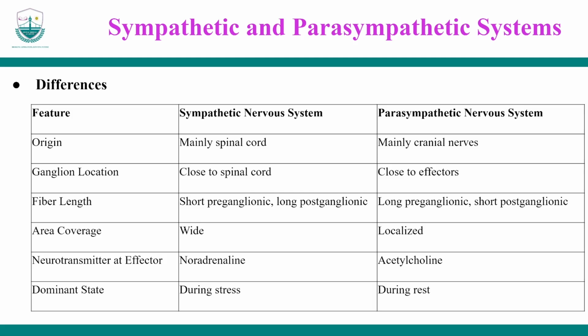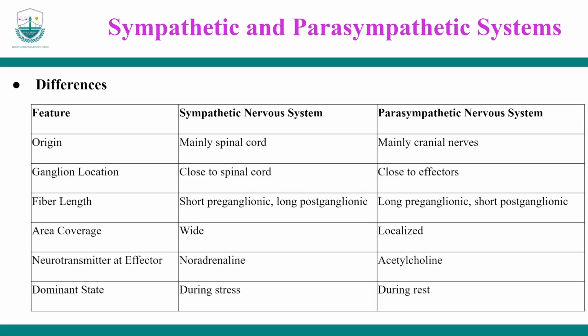What about based on the structures? The sympathetic nervous system mainly originates from the spinal cord, and the parasympathetic mainly from the cranial nerves. That means that they originate from the brain.